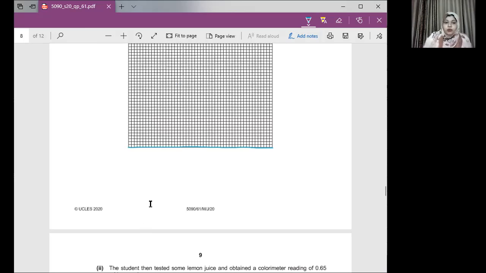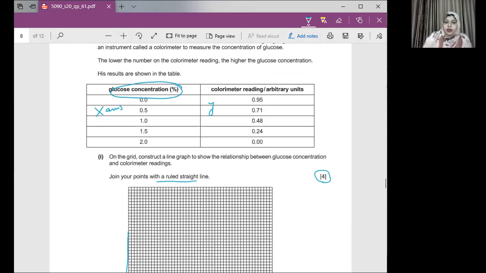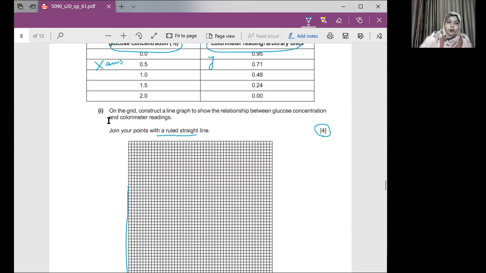For the y-axis you have to make a straight line here, right, and write down the whole reading, colorimeter reading, arbitrary unit. You have to write down full information here. Okay, 1 mark is for the axis labeling.